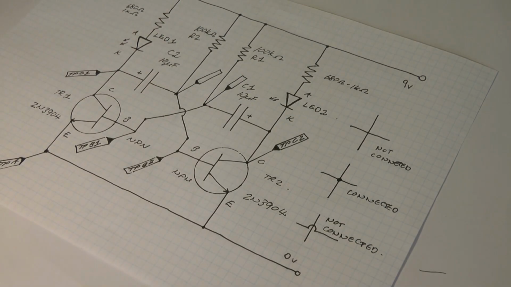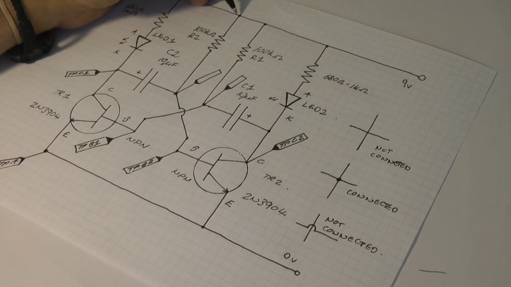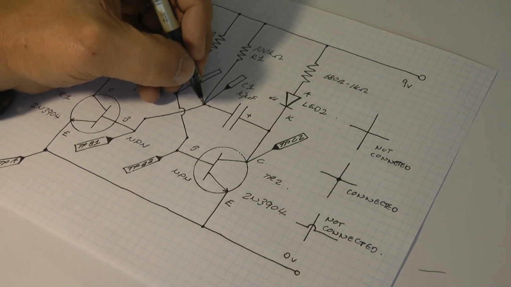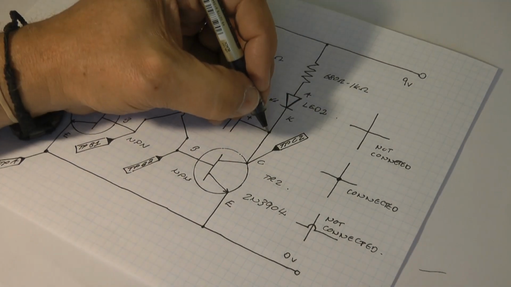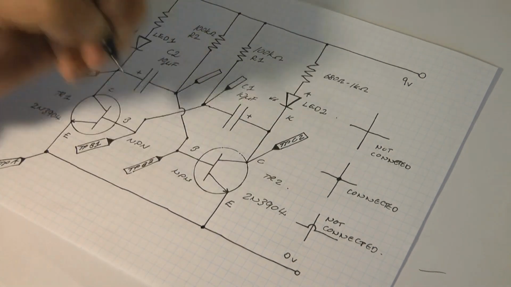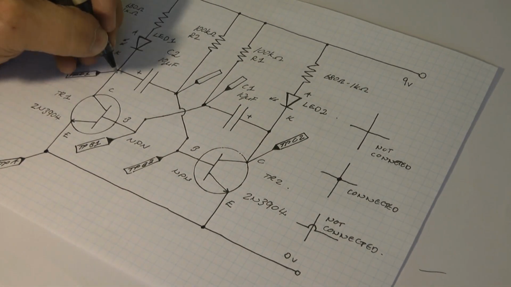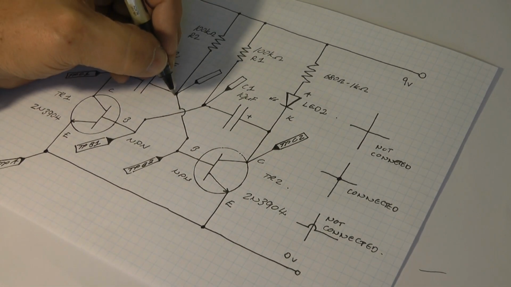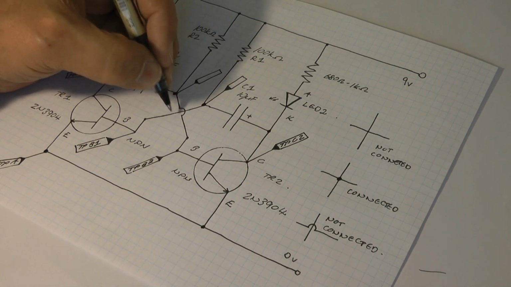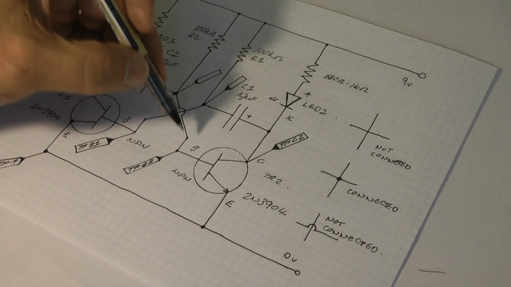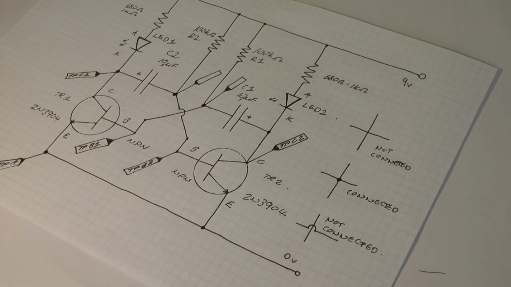So what you'll see in my circuit diagram is wherever wires are joining up to things, I take a bit of effort and I put a nice big dot so you can see there's a connection. No connection, folks, no connection. So these wires are just passing by each other.